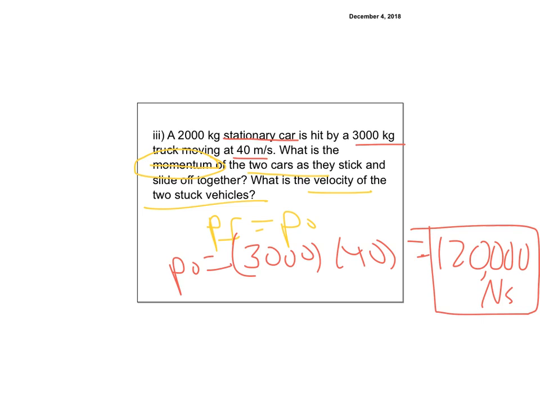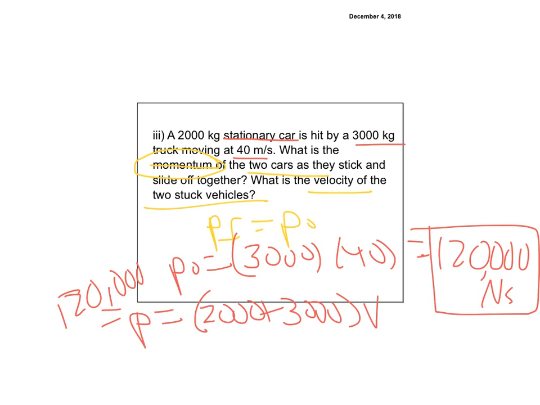So then afterwards I need to find the velocity. So I know that the P is equal to the two m's stuck together, so it's going to be 2,000 plus 3,000, which is 5,000 times v. So that means this is equal to 120,000, right?